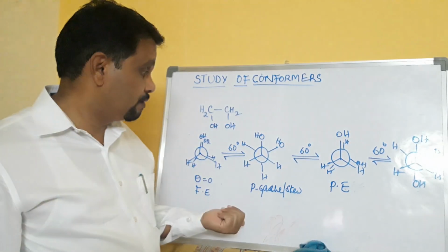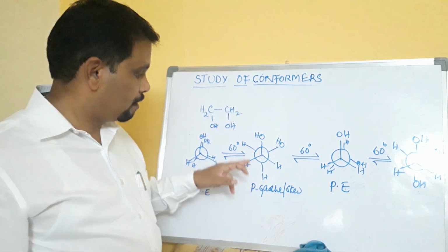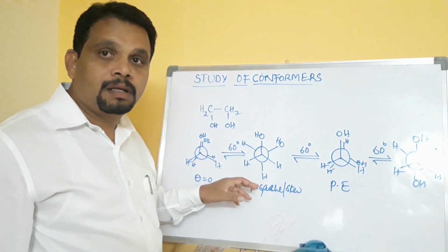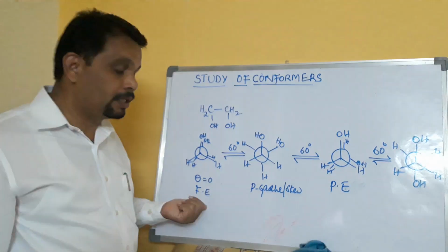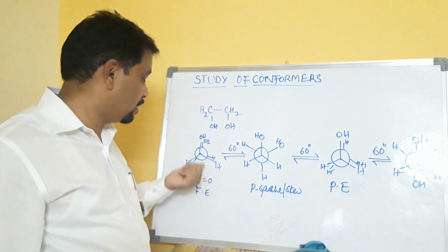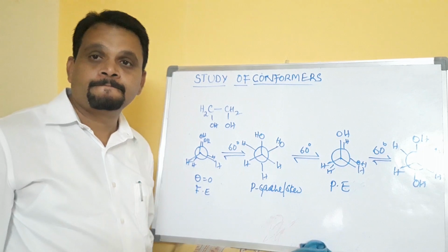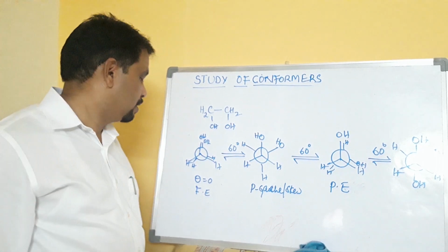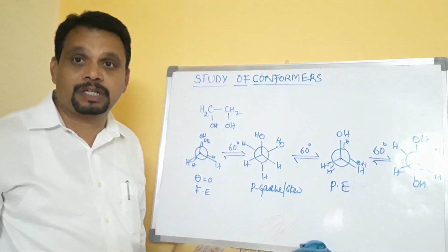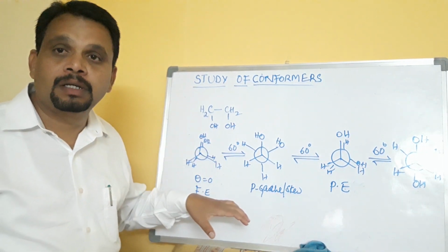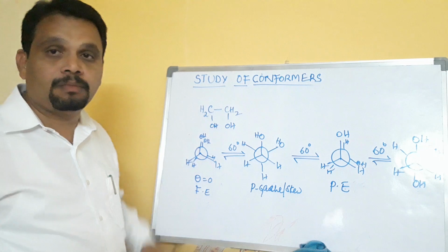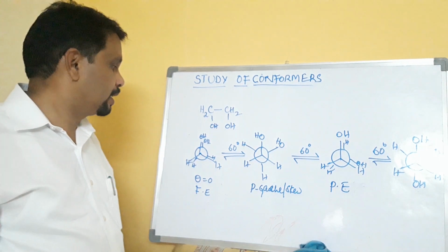Again 60 degrees you will get the gauche conformer. Finally, the last 60 degrees rotation, that means 360 degrees rotation, you will get the beginning conformer, which is nothing but the fully eclipsed conformer. So these are the possible conformers for the ethylene glycol molecule.